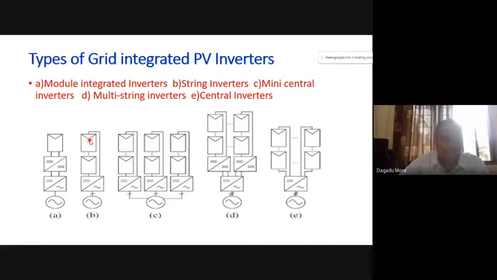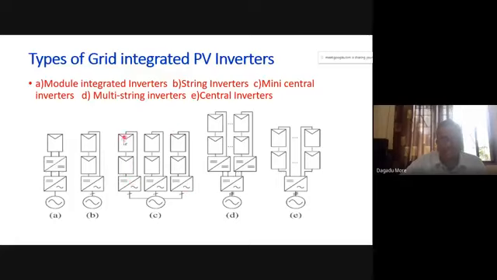Another is the string inverter. We have solar panels connected in series to get the required DC voltage, and this is called a string inverter. Then we come to the mini central inverter. If you see the third diagram, we are having three single phase inverters.